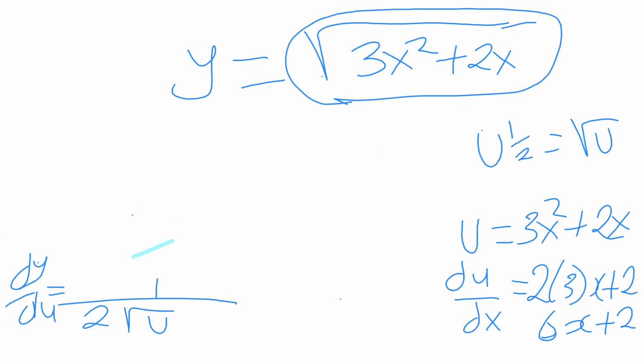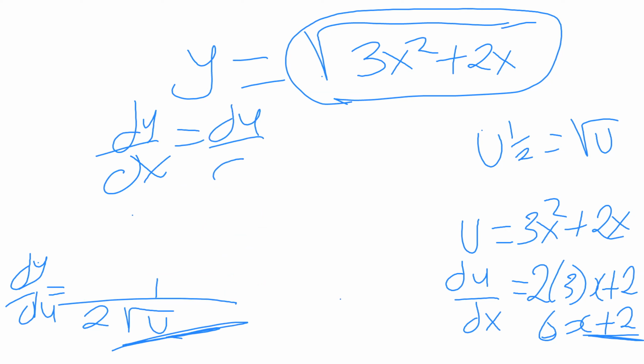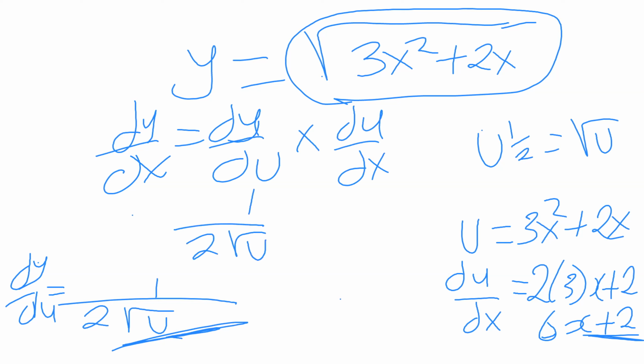Okay. So now, according to the chain rule, you just multiply this part times this other part. The chain rule says dy over dx equals dy over du times du over dx. What is dy over du? It is 1 over 2 root u, times 6x plus 2, which is du over dx.